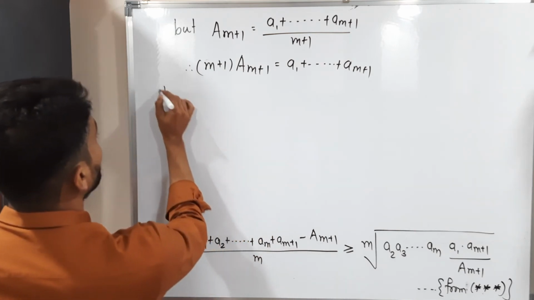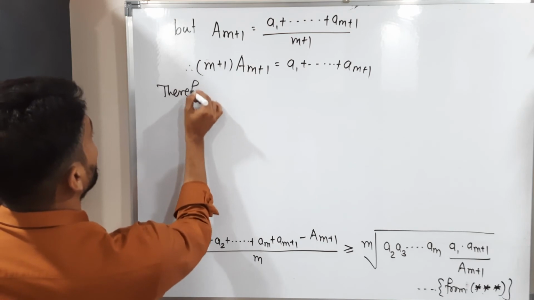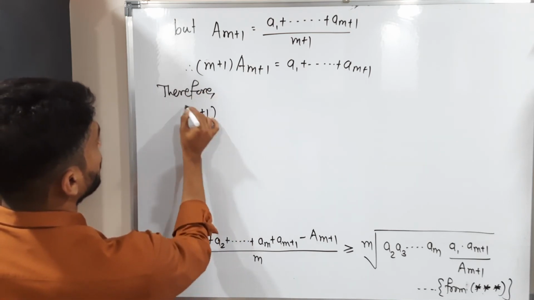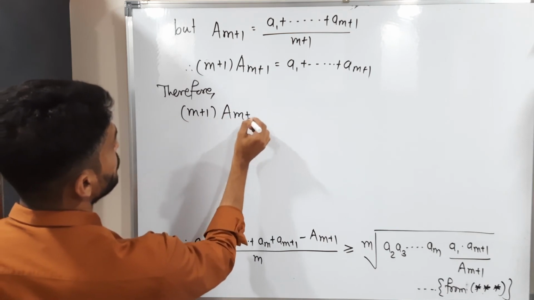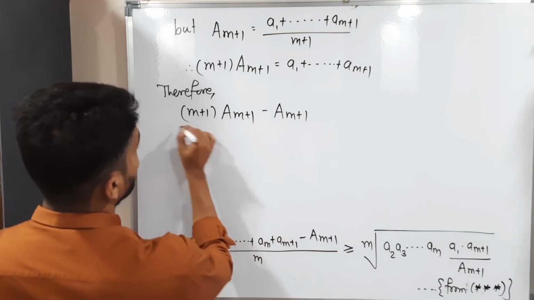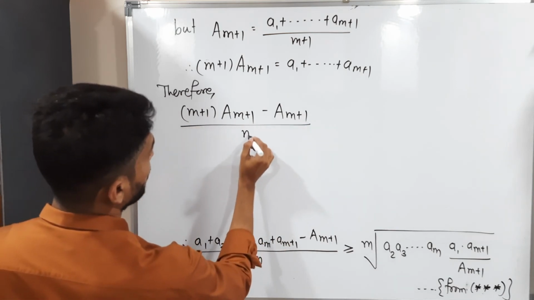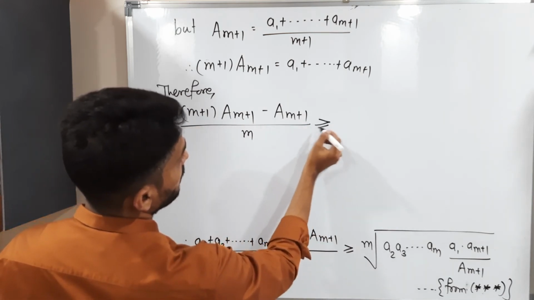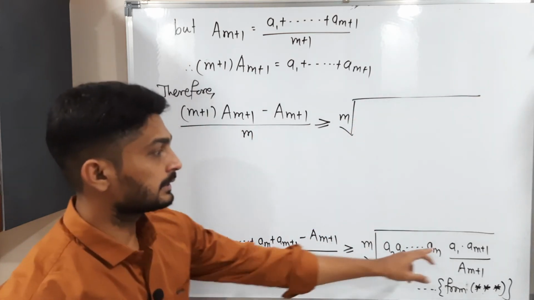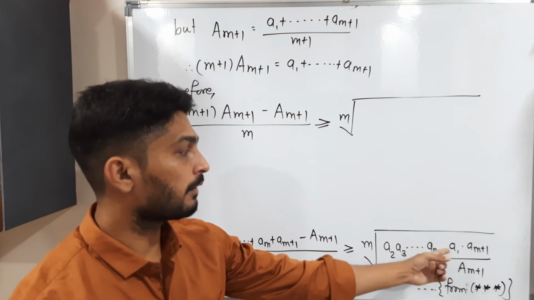So therefore, what can I write here? m plus 1 am plus 1 minus this am plus 1, divided by m, which is greater than or equal to the m-th root of the product of these. See, in all numbers we have a1, a2, a3.